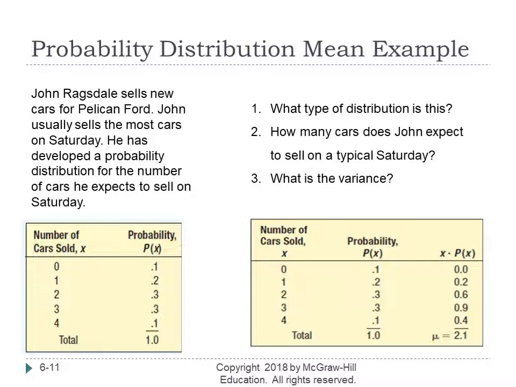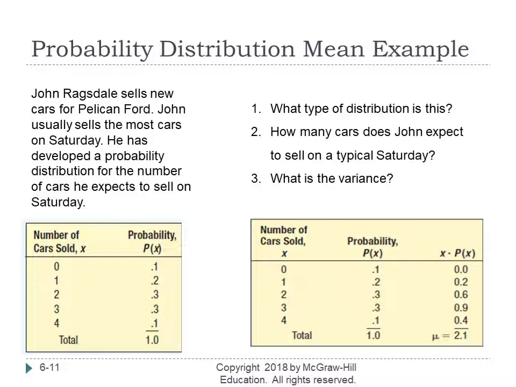He has developed a probability distribution for the number of cars he expects to sell on Saturday. The table to the left is a probability distribution for the number of cars he expects to sell. The values for x, the number of cars, are 0, 1, 2, 3, or 4.